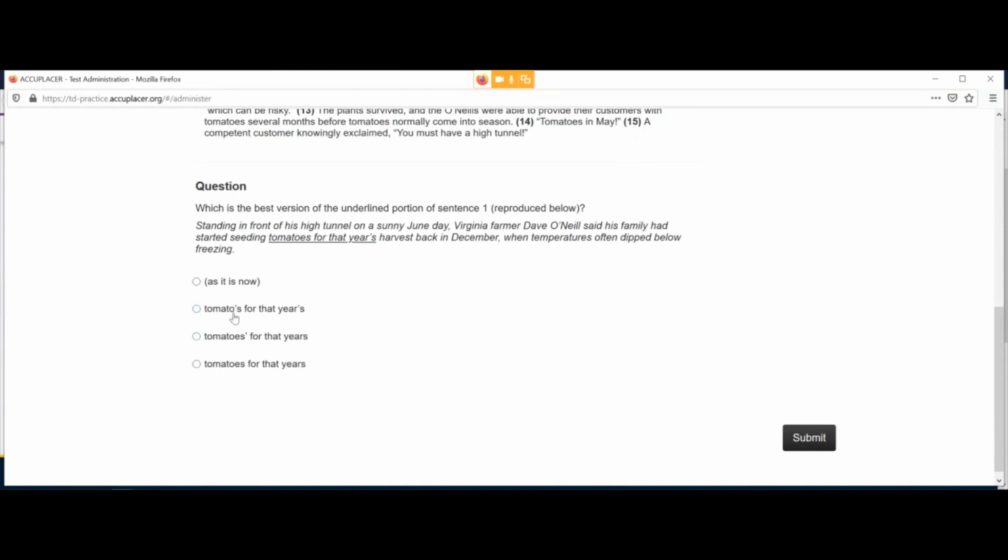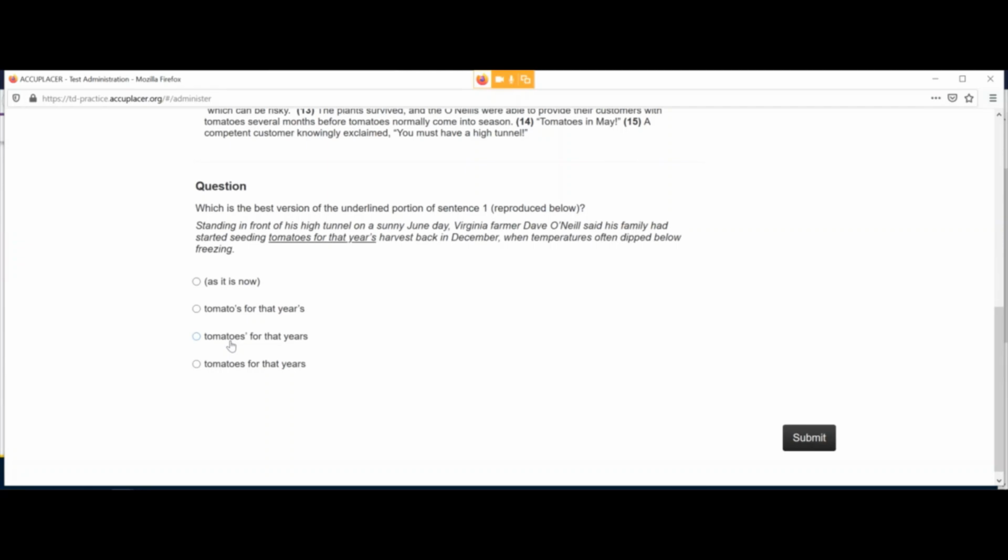But the apostrophe here means it's either possessive or a contraction, and you don't want that here. So right away, we can eliminate that possibility because we want seeding tomatoes, seeding more than one tomato. You don't use an apostrophe for a plural. You use an S or an ES, and then there are some irregular plurals that have different forms. But certainly this is not going to be correct because this is the possessive. This would either be the possessive or the contraction. So we know that that's out.